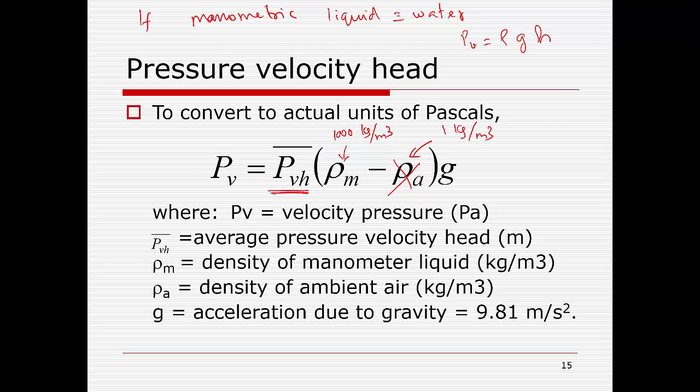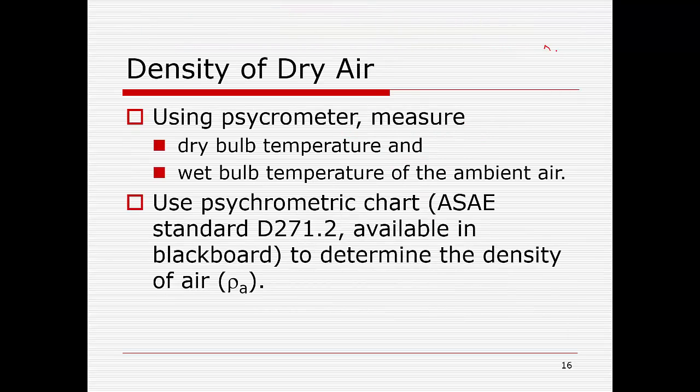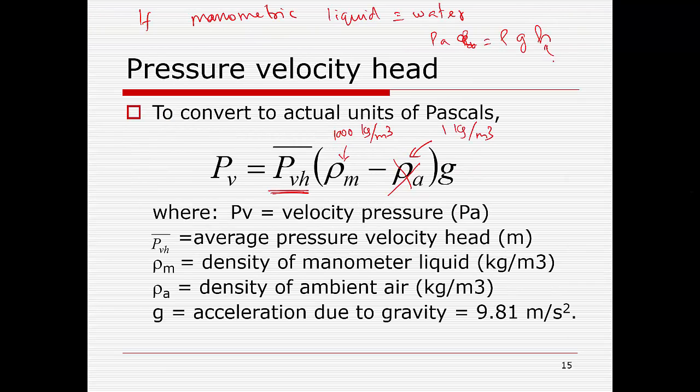So this is basically in pascals, and this is in meters, right? PV is the velocity pressure in Pascal. PVH is the average velocity pressure head in meters, that's kind of H, and you are multiplying by rho g, or rho m minus rho a to be exact. Okay. Makes sense? So PV is equal to PVH into rho m minus rho a into g.